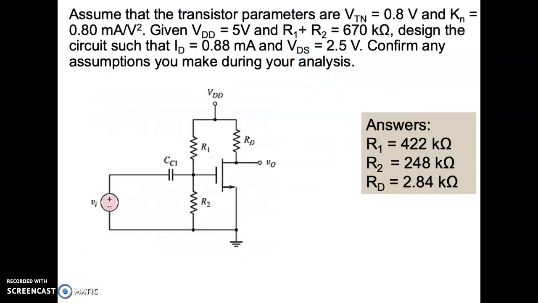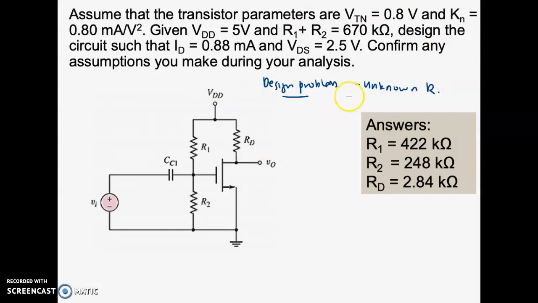Okay, in the self-practice, I give you one self-practice. This is an example again of what we call a design problem. In the design problem, you need to find the value of an unknown resistor.